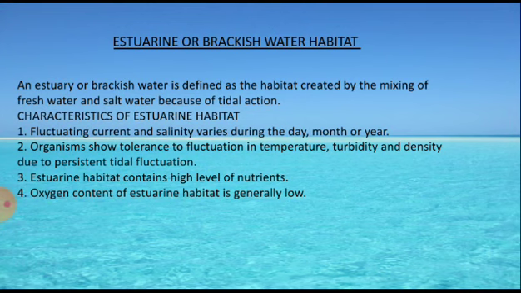Now, the characteristics of estuarine habitats include fluctuating current and salinity varies during the day, month, or year. Organisms show tolerance to fluctuation in temperature, turbidity, and density due to persistent tidal fluctuation. Estuarine habitat contains high level of nutrients. Oxygen content of estuarine habitat is generally low.